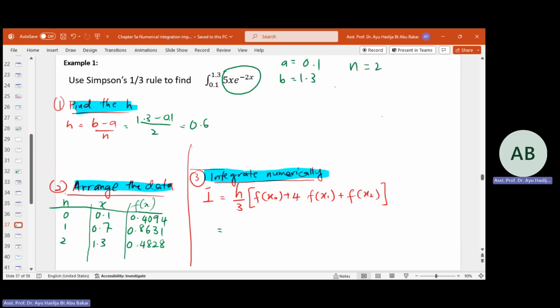Once you obtain all the data, sub into the equation of Simpson's 1/3 rule.